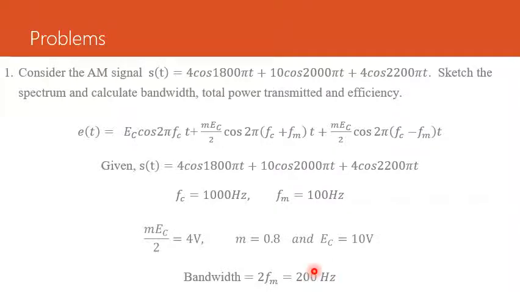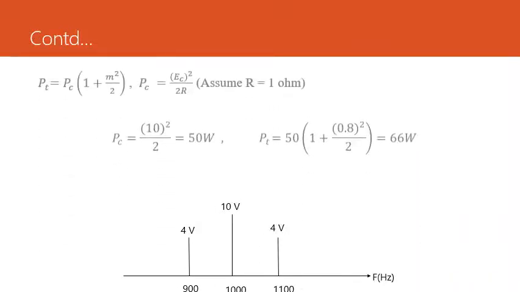Next we want to find the total transmitted power. In previous slides we discussed the expression for the total transmitted power, which is equal to Pc into 1 plus m square by 2. Here Pc is equal to Ec square by 2R. If R is not given, we can assume the value of R, that is the load resistance, as 1 ohm.